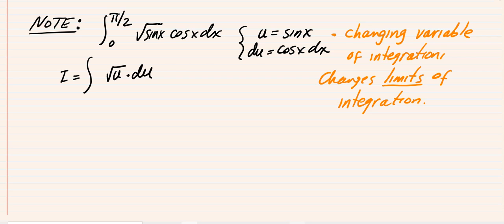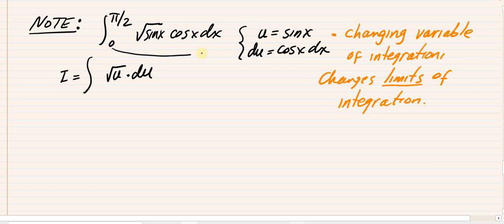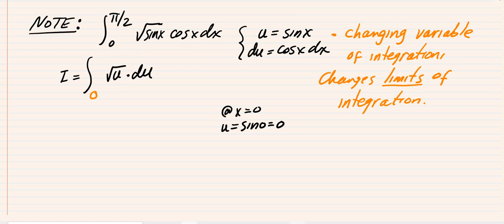So, when x is 0, at x equals 0, u would be sine of 0, and sine of 0 is 0, right? So here's a case where the lower limit didn't change at all. Now, let's take a look at pi over 2.